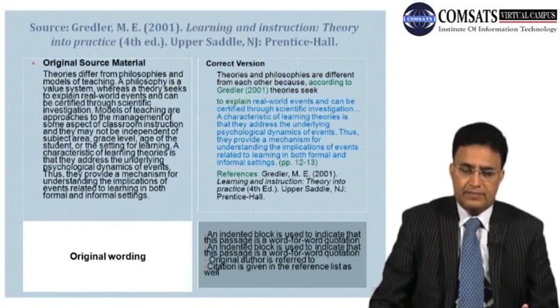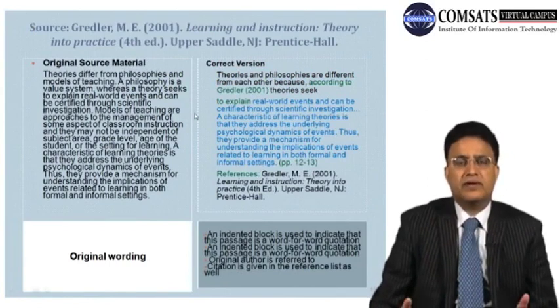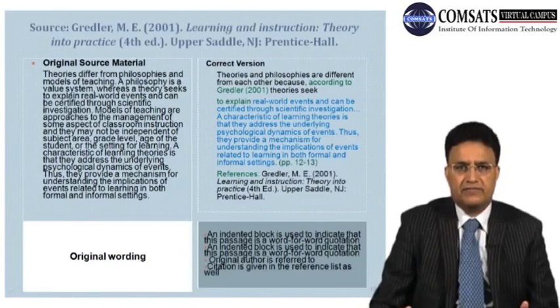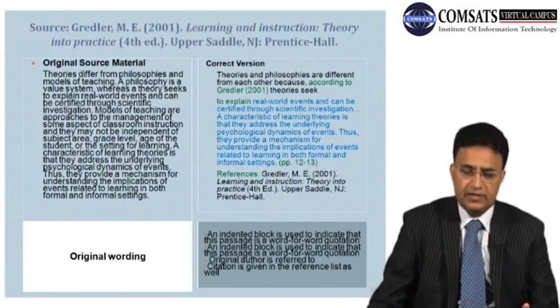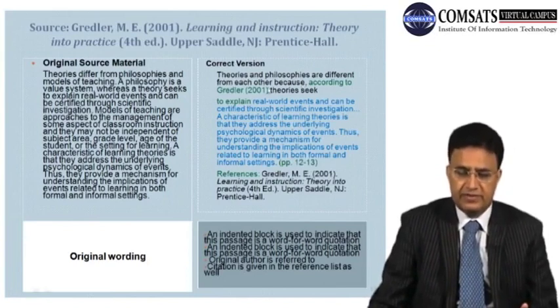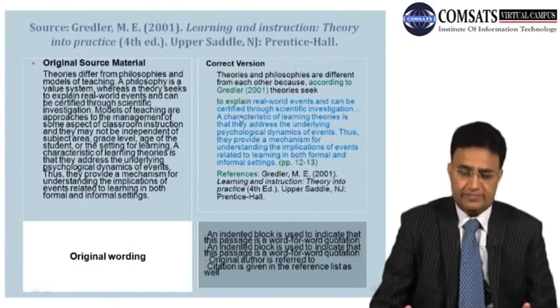Okay, if you have to give a proper reference of the same source, it can be improved. The correct version would be theories and philosophies are different from each other because according to Gredler 2001, theories seek to explain, and that is usually given in a block quotation because it is more than 2 lines.